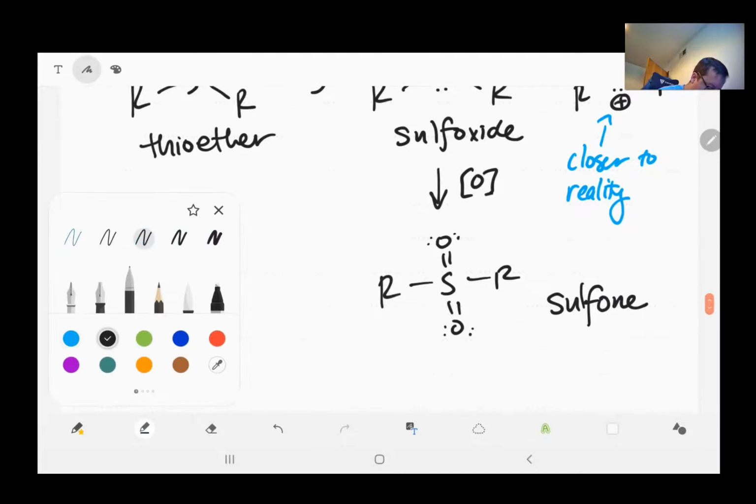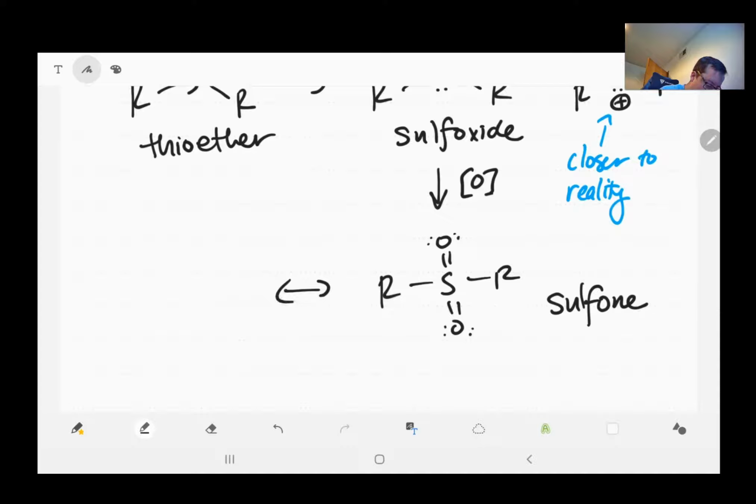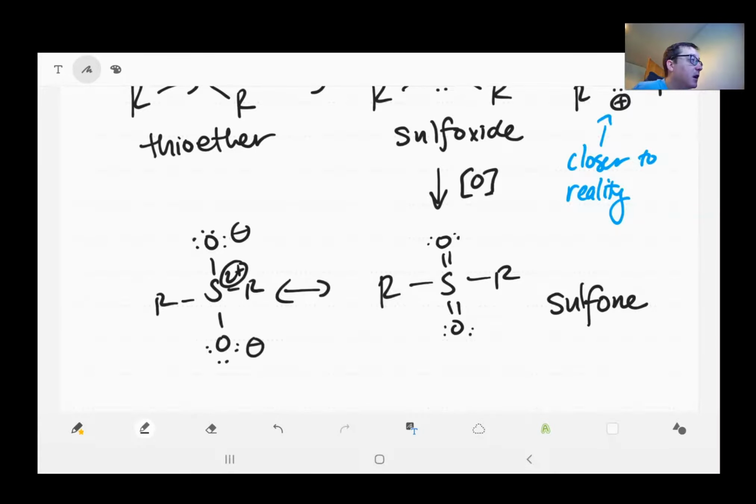In reality, our sulfone more looks like having a 2+ charge on it. And so just understand that. These behave more like single bonds than they behave like double bonds. So the evidence does suggest this. So it's just some more cool things about sulfur. Because sulfur is so polarizable, we can go ahead and mess with it all we want. Poor sulfur. But that's okay.